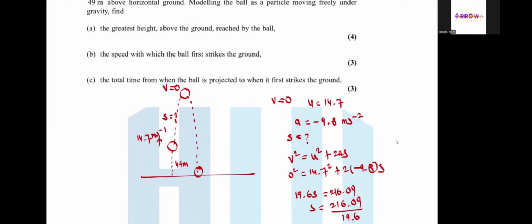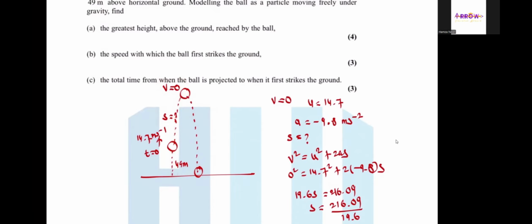So if I start my journey from t equal to 0, and then come to the ground, when the ball is striking the ground, as we can see, when v is equal to 0, we have found that this height is 11.025, and we have also found the greatest height above the ground.